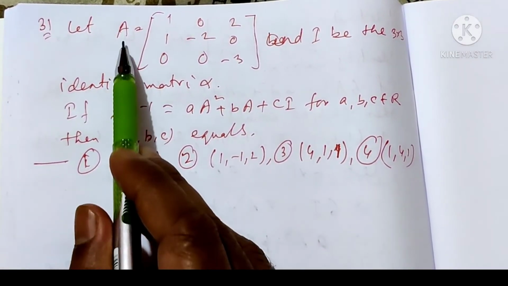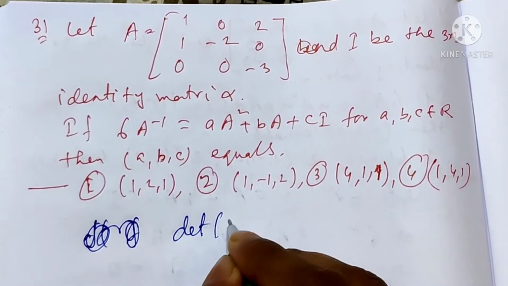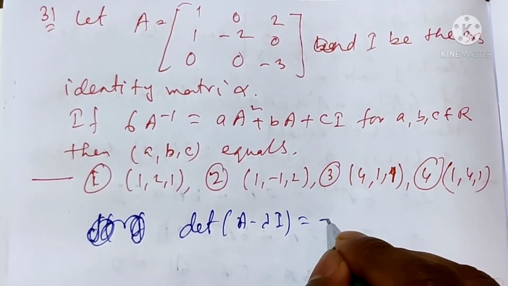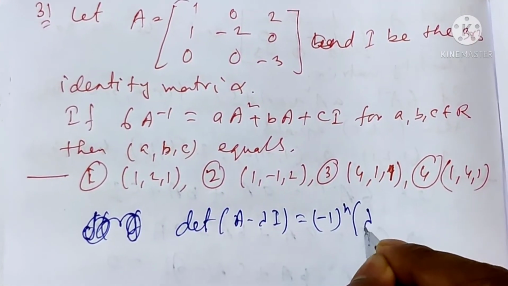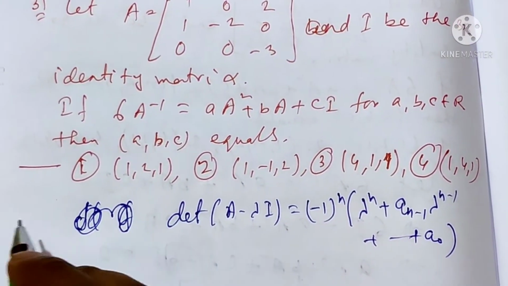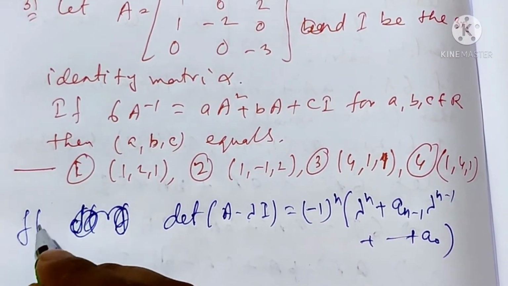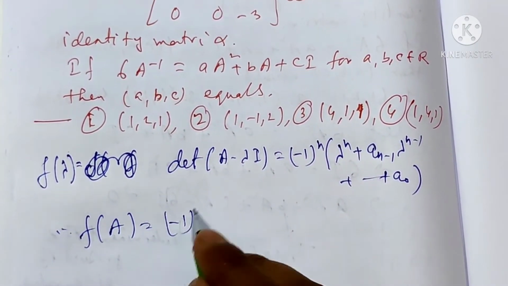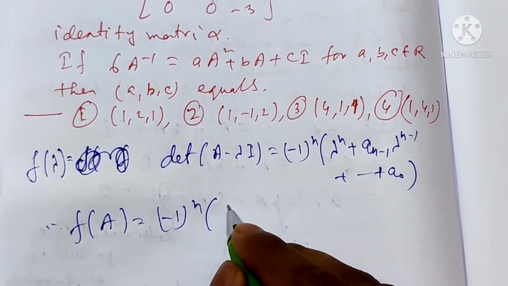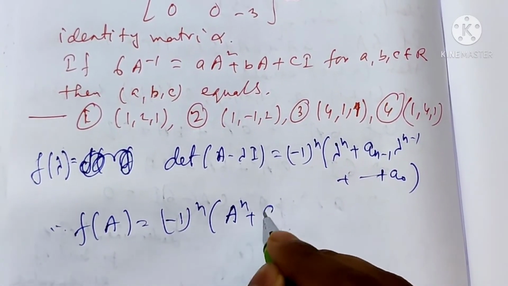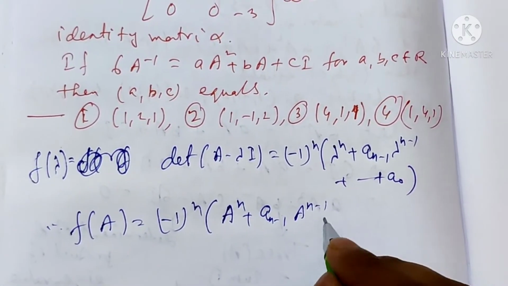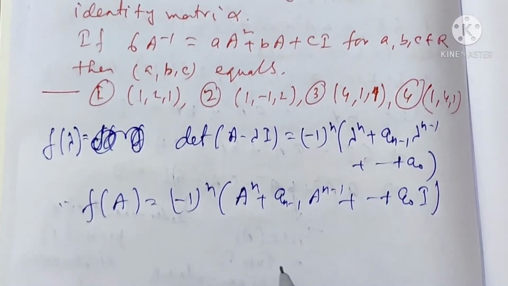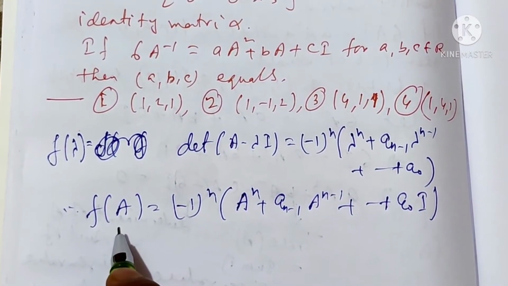Let the characteristic equation of A be determinant of A minus lambda I equals minus 1 to the power n lambda to the power n plus ..., that equals f of lambda. Therefore, f of A equals minus 1 to the power n A to the power n plus a n minus 1 A to the power n minus 1 plus ... plus a0 I, when A is an n cross n matrix.